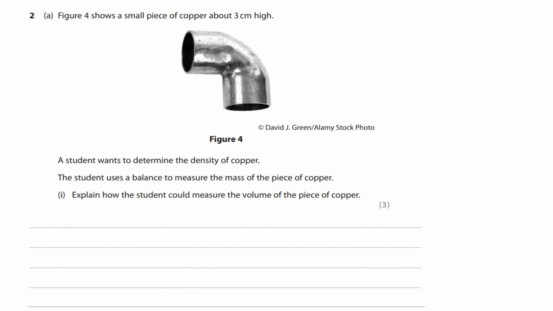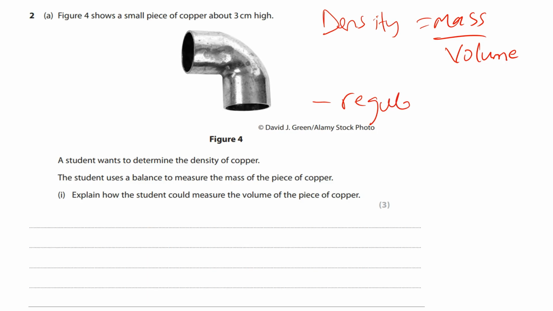Now this question has to do with density, and we know that density is mass divided by the volume. We have two types of objects. We have regular objects, which are objects that have definite shapes, so you can easily get the volume from their shapes.